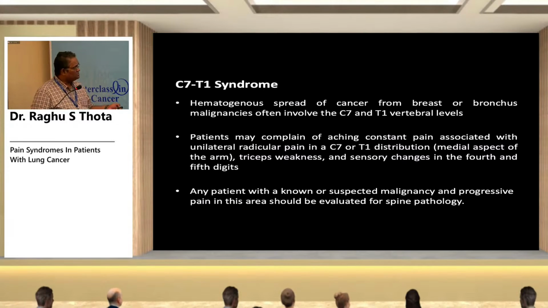This same distribution also happens in Pancoast syndrome, because it also involves the lower brachial plexus rather than the upper brachial plexus. We will come to that further. There is also radiation-induced plexopathy, which involves the upper segments rather than the lower segments. We will discuss that.